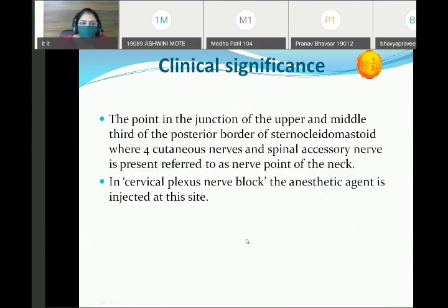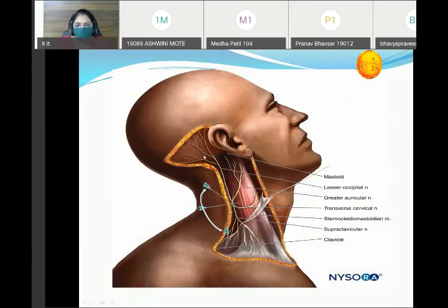This is referred to as the nerve point of the neck. In cervical plexus nerve block, the anesthetic agent is injected at this site. Here you can see the needle and how it is injected at this point, at the posterior border of the sternocleidomastoid, where all these nerves are present. All four cutaneous nerves are present.